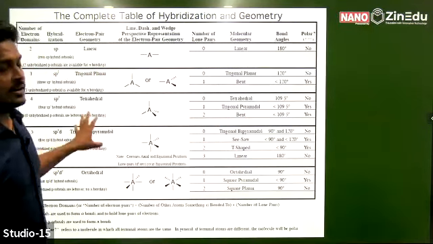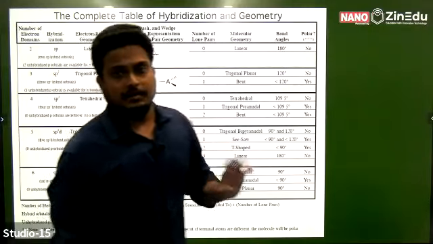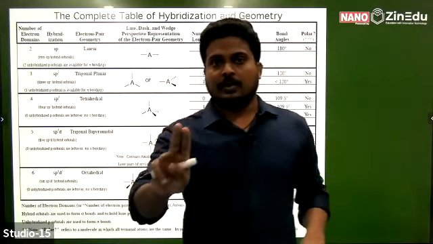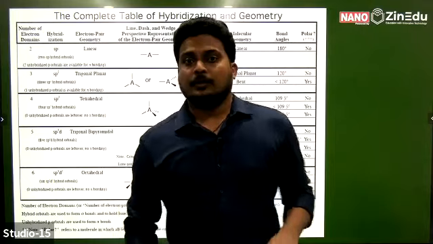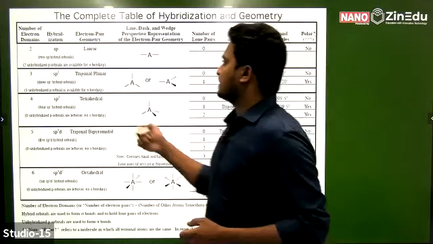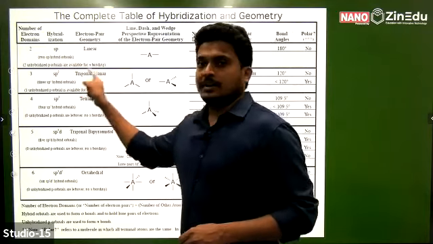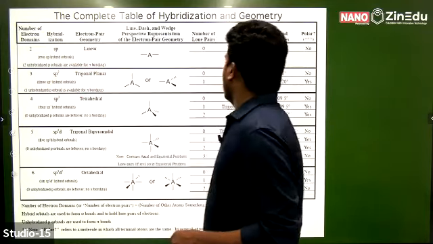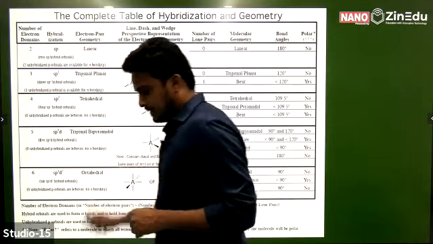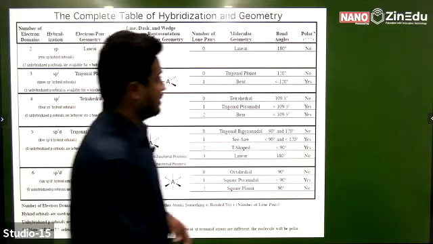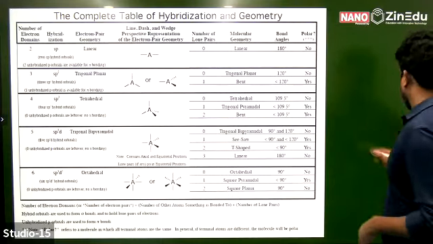See, if one s orbital combines with one p orbital to form two sp hybrid orbitals, then it is said to be sp hybridization. Geometry of the molecule is linear, bond angle of the molecule is 180 degrees.